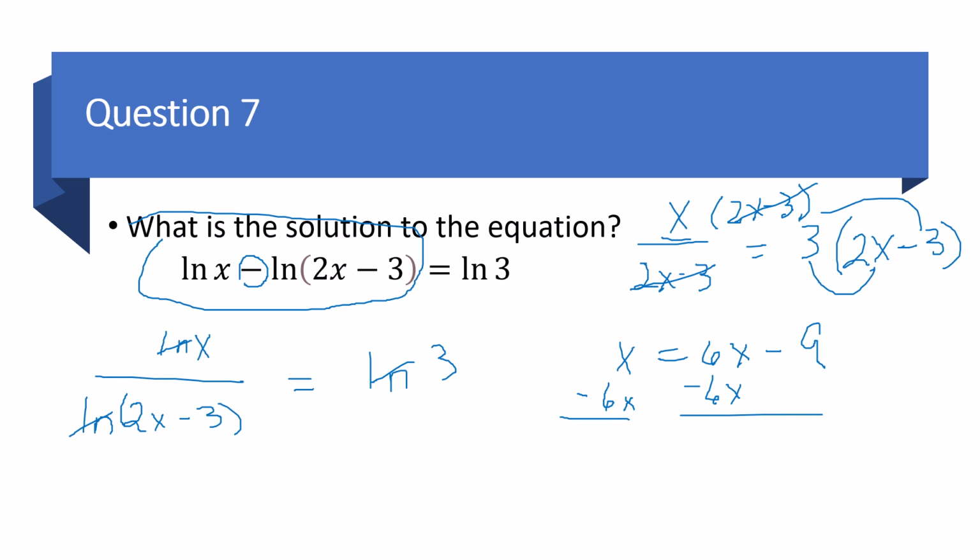Negative 6x plus positive x is negative 5x. So we have that on the left. On the right-hand side, we have 0 equal to negative 9. Divide both sides by negative 5. So we have x is equal to 9/5.